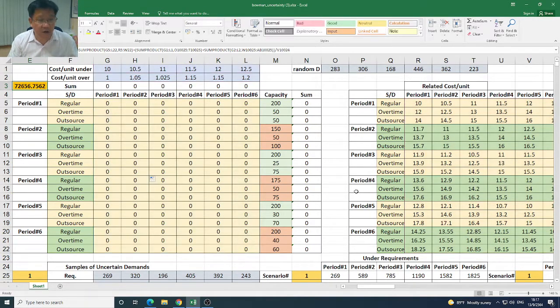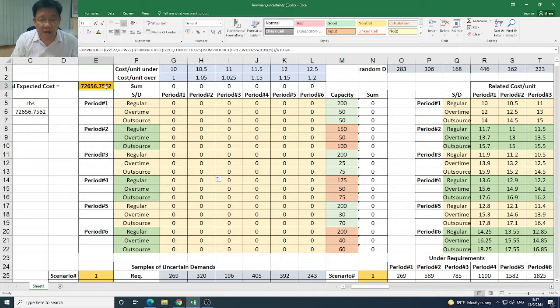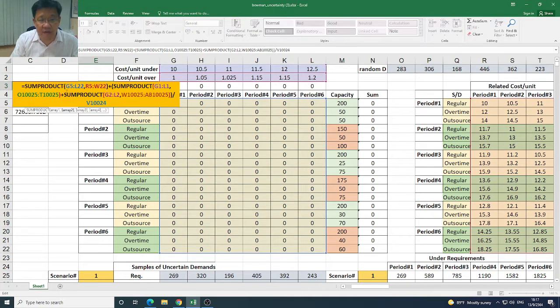So to make it simpler, look at the formula. The first term of the sum product is between these two, the cost per unit when you're using capacity source i on period j. The second one is the sum product of G1 and L1 here. This is the cost per unit of under, and then you multiply it by O1.